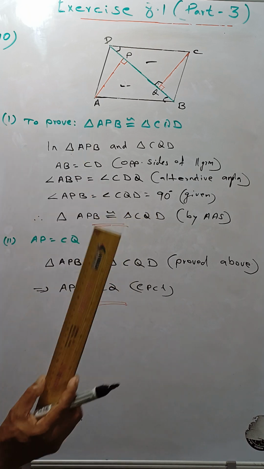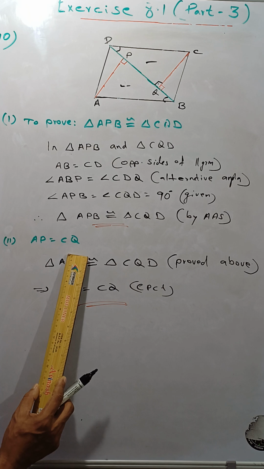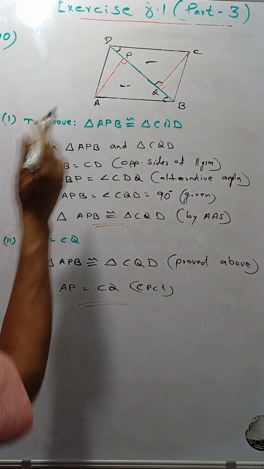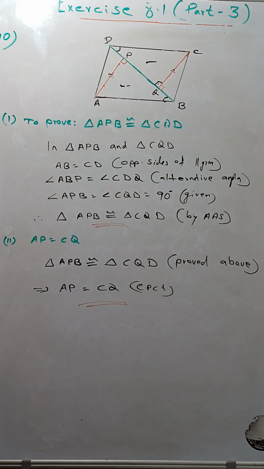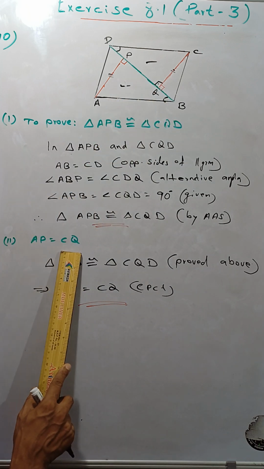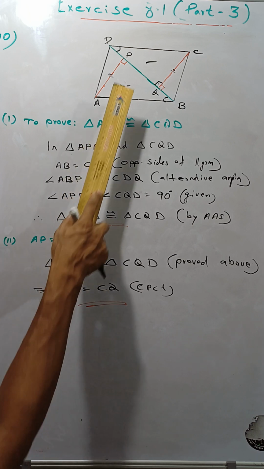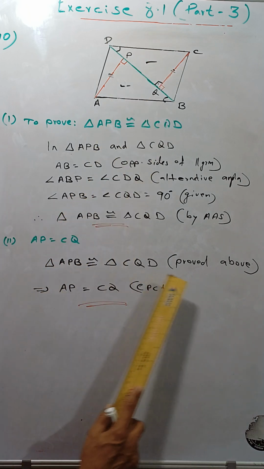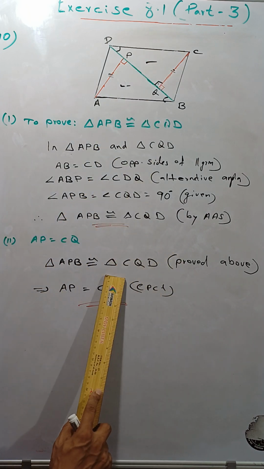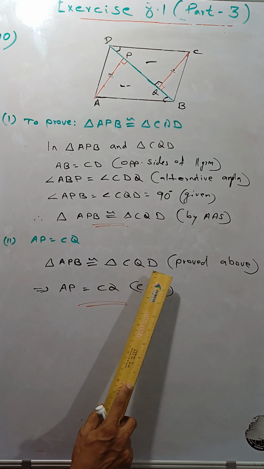The first part is completed. Then second, we have to prove AP is equal to CQ. These perpendiculars are also equal. Already we have proved that these two triangles are congruent: triangle APB is congruent to triangle CQD.